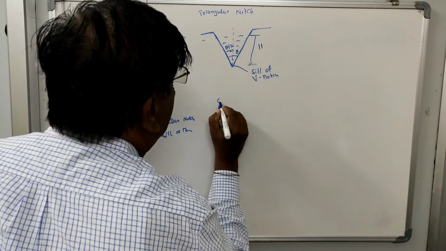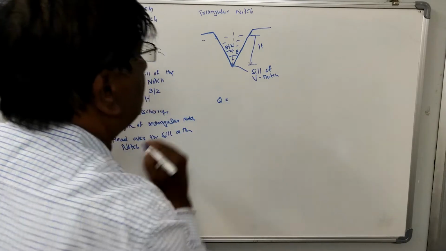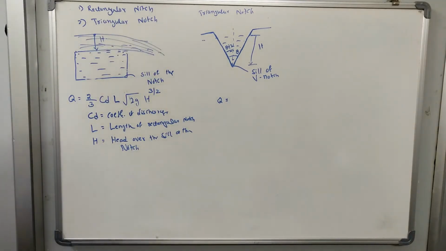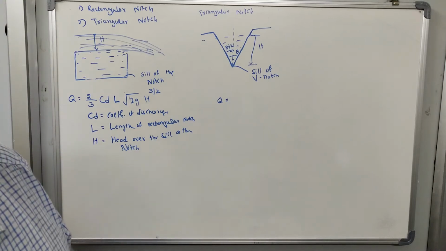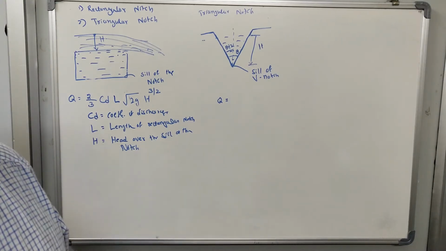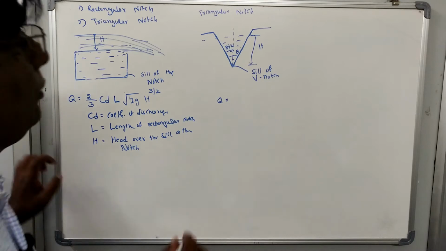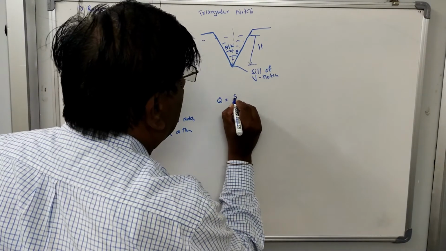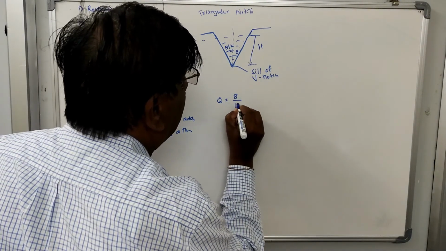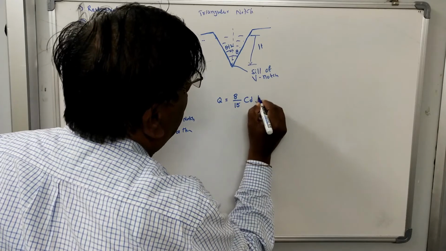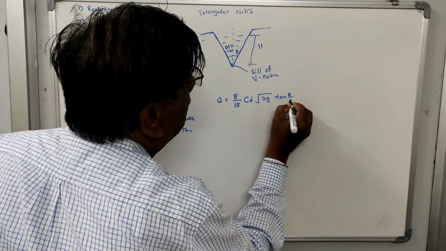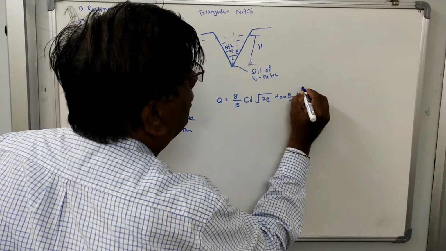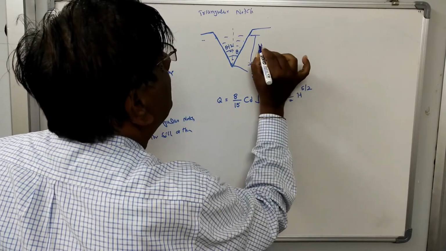Then the discharge equation we have derived for the triangular notch is Q is equal to 8/15 CD root 2G tan theta/2 H raised to 5/2.